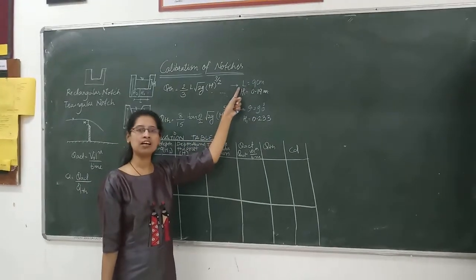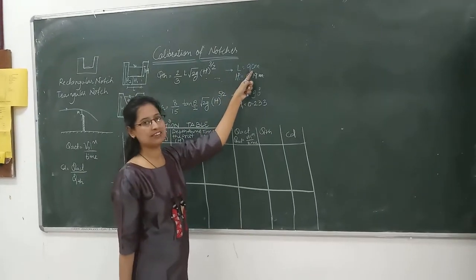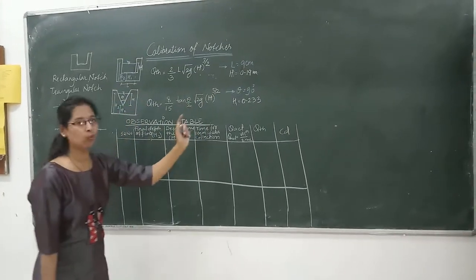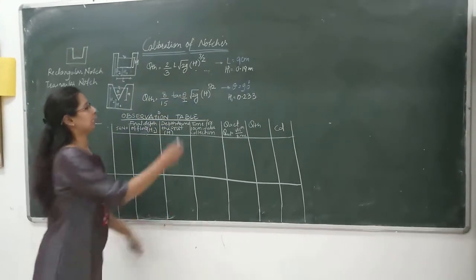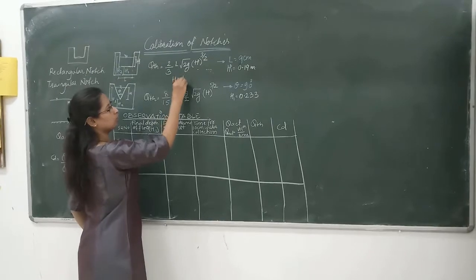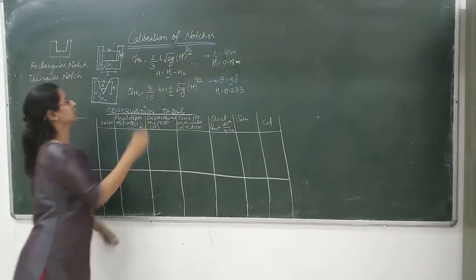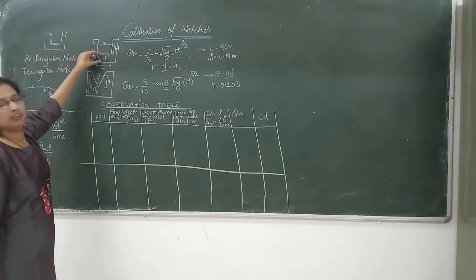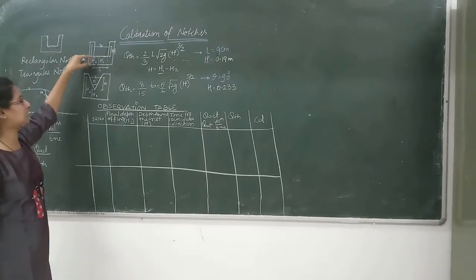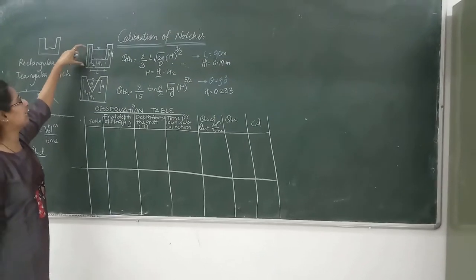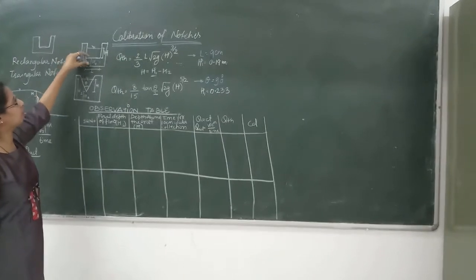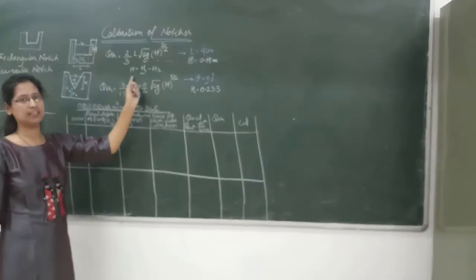L for our instrument is constant, that is 9 cm, and H is equal to H1 minus H2. H1 is the total depth from the base till the crest. H1 is known to us, H2 is measured, and the difference between them gives us H.